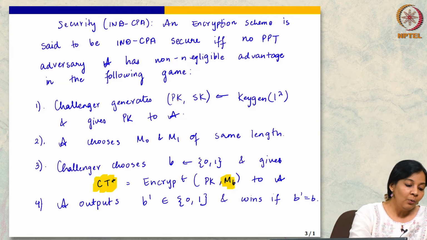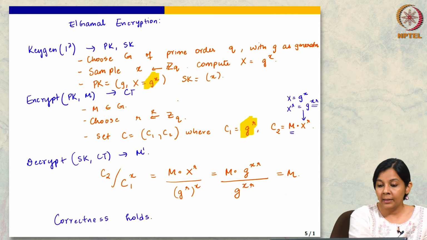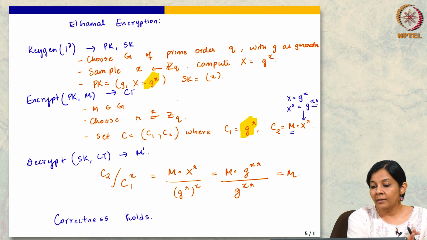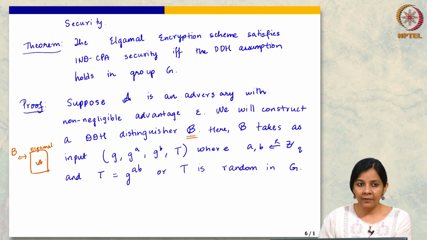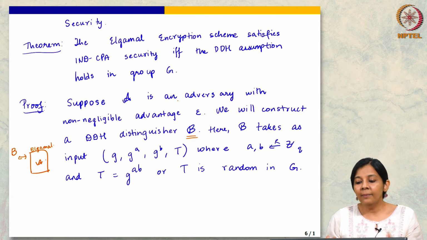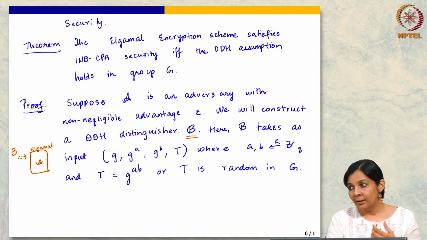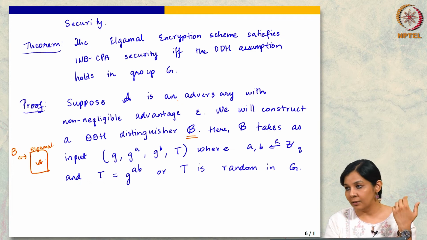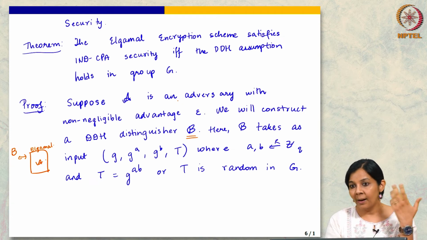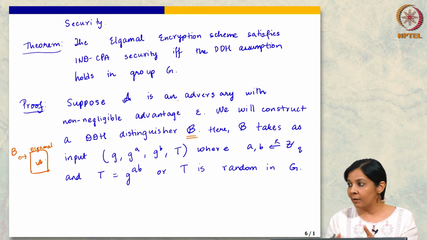Now let us look at what the public key is in the El-Gamal encryption scheme. It is G and G to the X. So what is a very natural way for B to define the public key? Exactly, very good. Think about it: I, as the reduction, am supposed to play the challenger to A, and I need to use the adversary A to break the DDH assumption. So I better embed my DDH assumption in whatever the attacker sees.